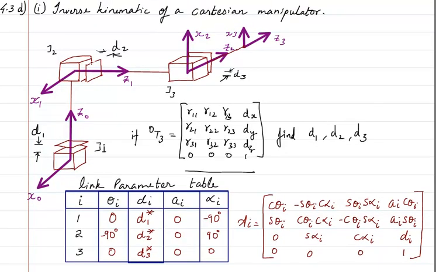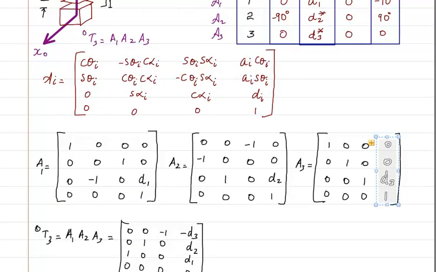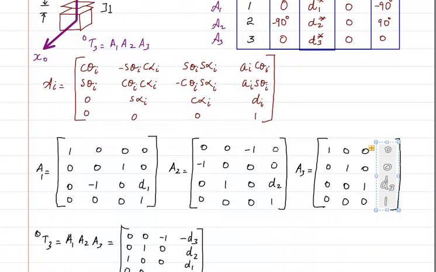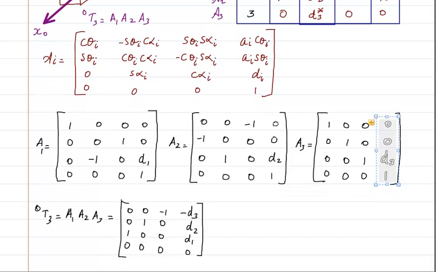We have already done this problem in section 4.2d. Based on that we will get a1, a2, a3, and then we can multiply them to obtain this answer. This is the final answer for 0T3.